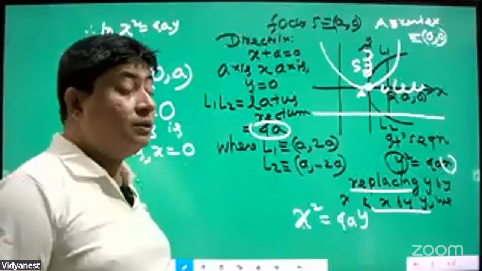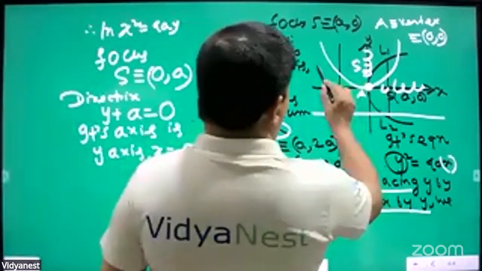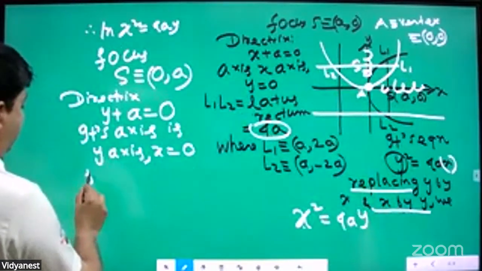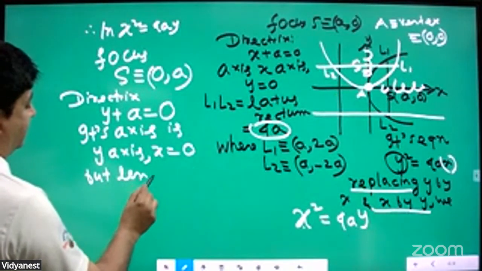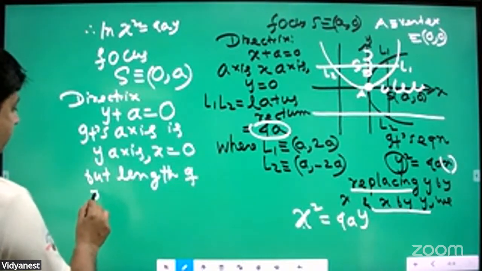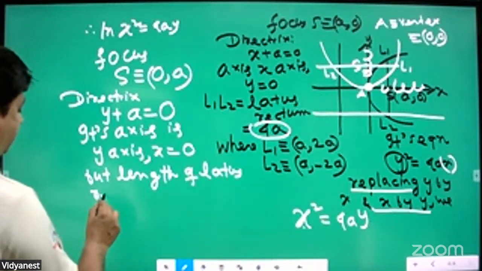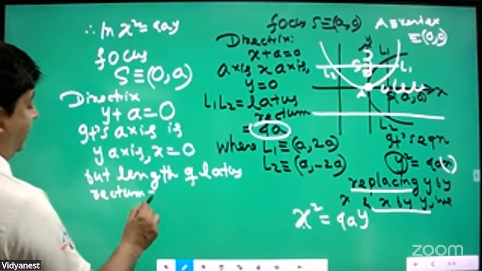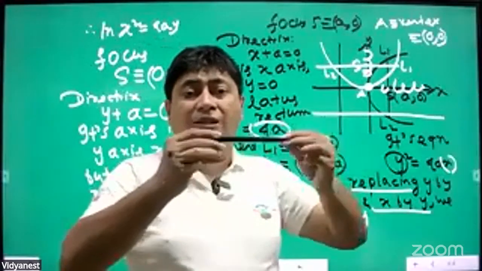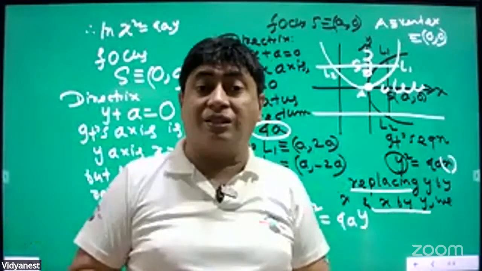But the length of latus rectum will remain unchanged. Why? Suppose this pen is the length of a latus rectum, if you reverse it, length will remain the same.